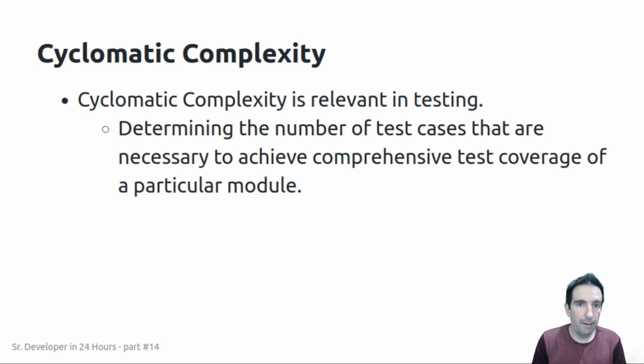For example, if we have a method that has a cyclomatic complexity of 4, and we want to make sure that we are covering all of the independent paths, then we know that we have to write at least 4 cases to have a comprehensive test coverage, when we're talking about coverage based on independent paths.